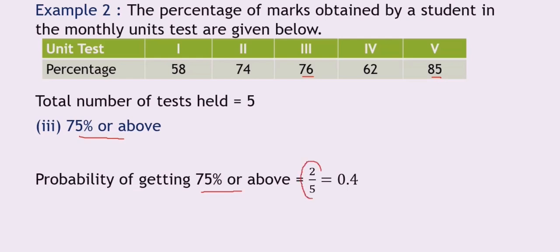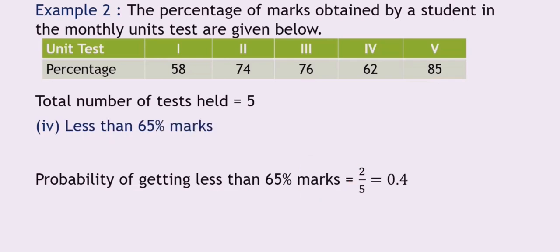So 2 is the number of tests in which he got 75 or above, and 5 are the total number of trials. So yesterday we did the formula of probability. It is number of times the event has occurred upon total number of trials. So here we have got the answer 0.4. I hope this is very clear to you how to find the probability from the data given to us.